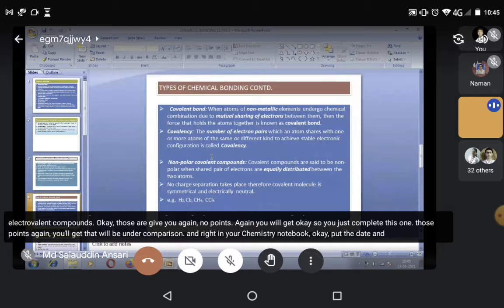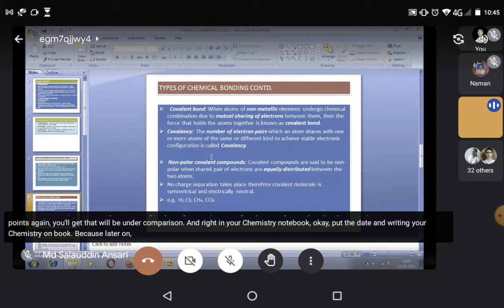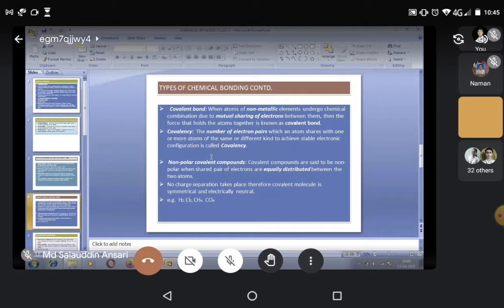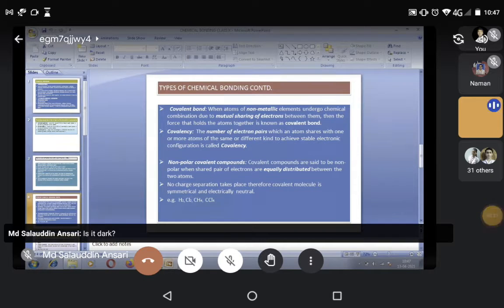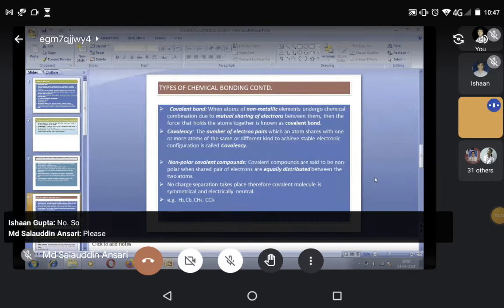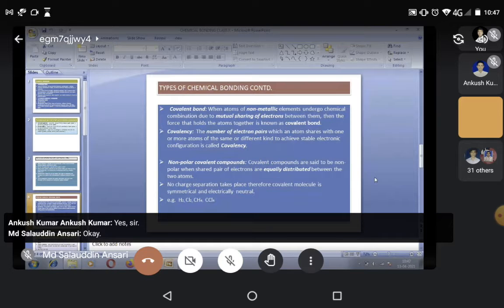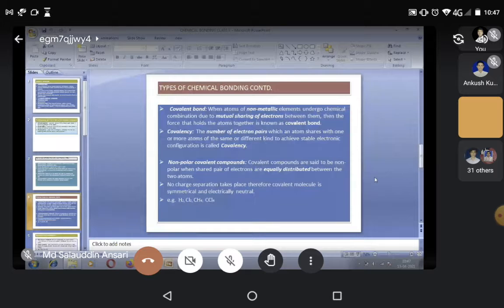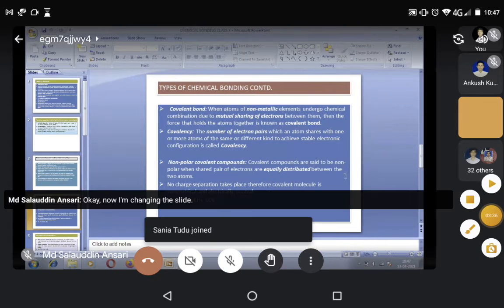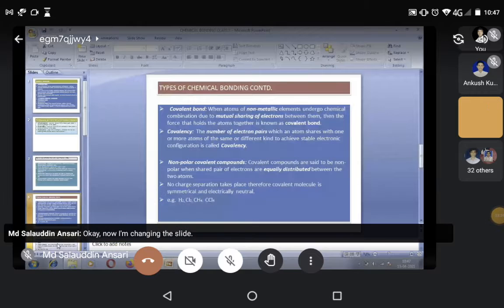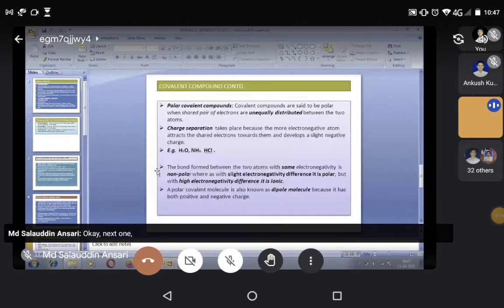Put the date and write in the chemistry notebook because later on it will be asked for correction. Please write quickly. Okay, next one.